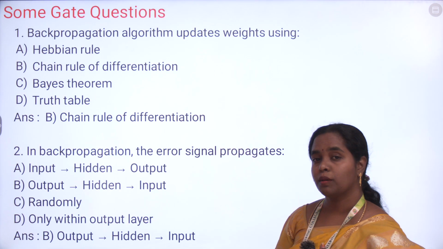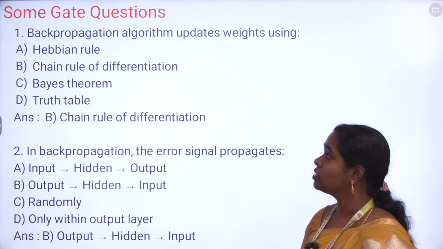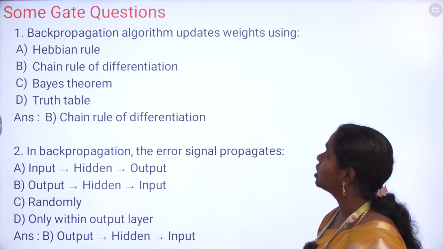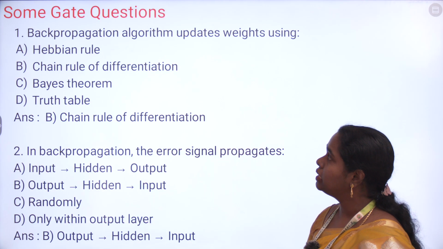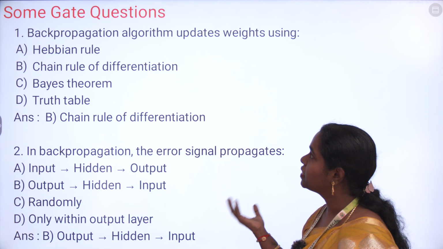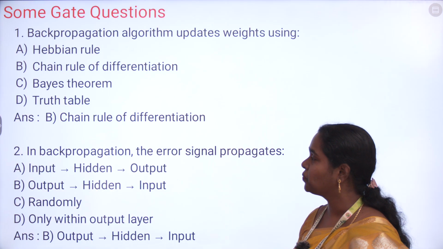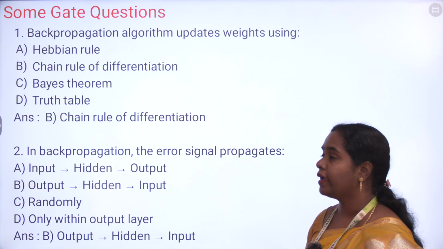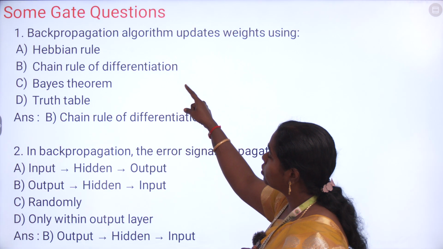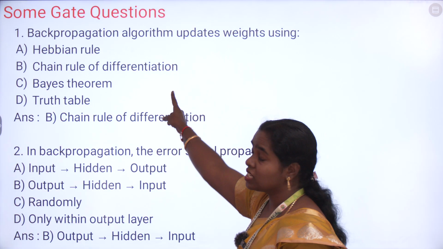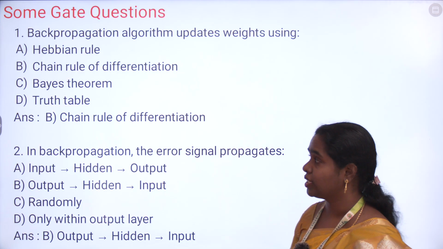Now we will discuss some GATE questions. First one: the back propagation algorithm updates weights using Hebbian rule, chain rule of differentiation, Bayes theorem or truth table. I already mentioned in the first slide itself that the back propagation algorithm uses the chain rule of differentiation.